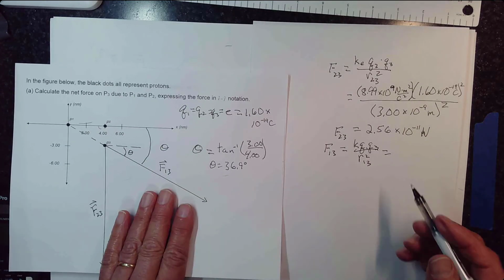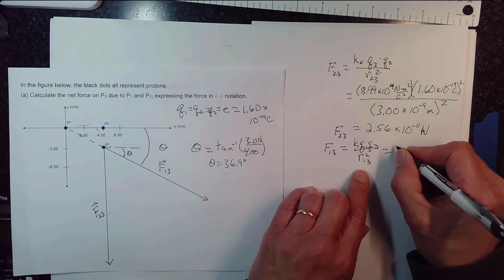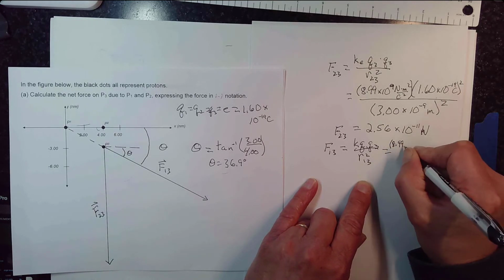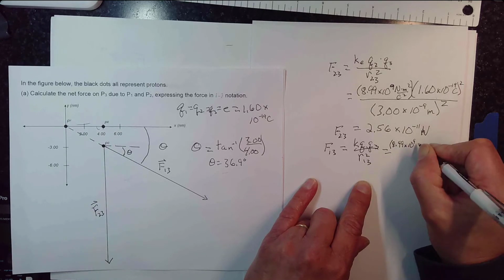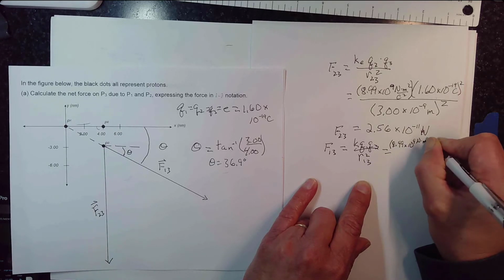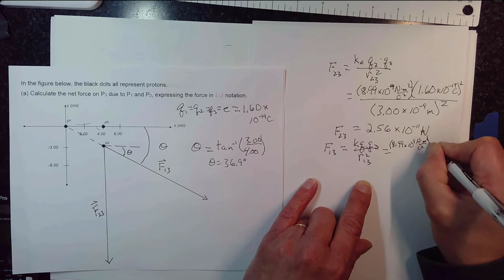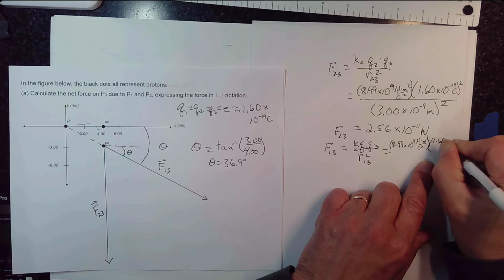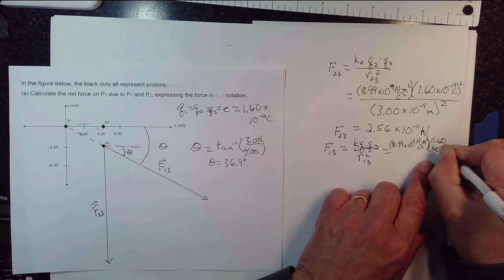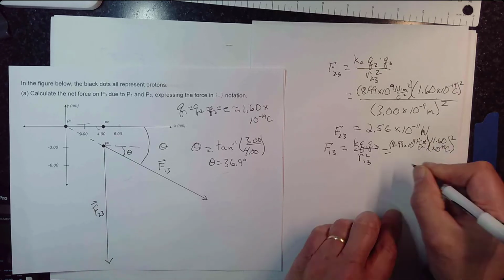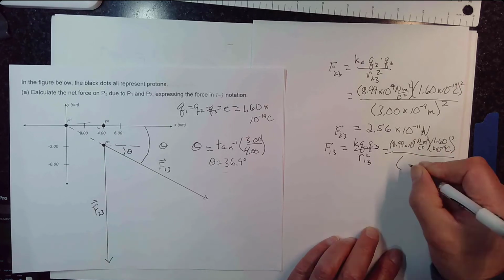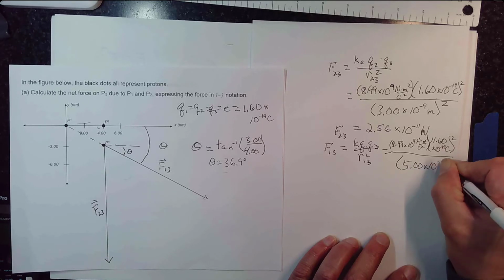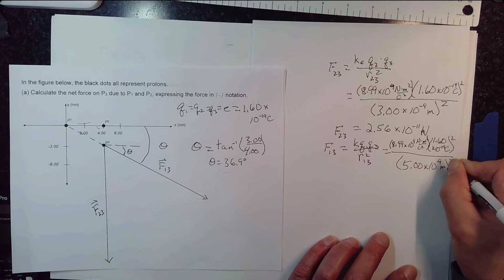So that's the distance, and the numerator is the same. It's going to be that 8.99 times 10 to the 9th newton meters squared per coulomb squared, times 1.60 times 10 to the minus 19th coulombs squared, and divide by 5.00 times 10 to the minus 9th meters squared.